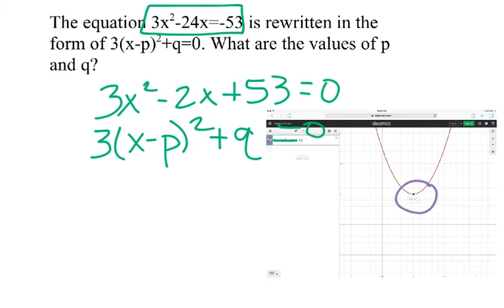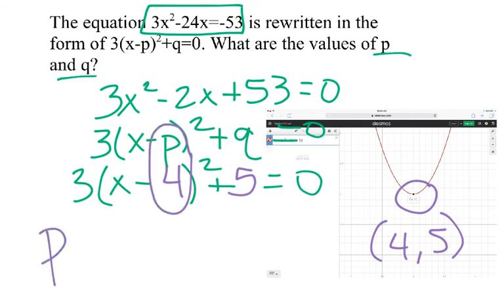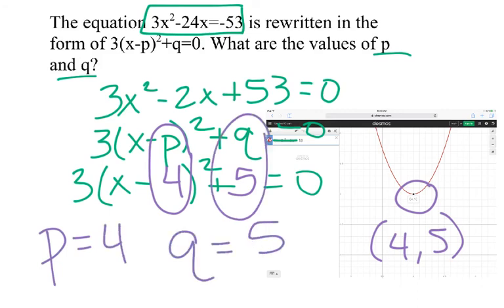Okay, so you should get that the vertex is (4, 5), which means I would put 4 right here and 5 right here, and then the rest just stays the same. And then the last thing I want to know is what are the values of p and q. So p is right here, so p equals 4, and then q is at the very end, q equals 5.